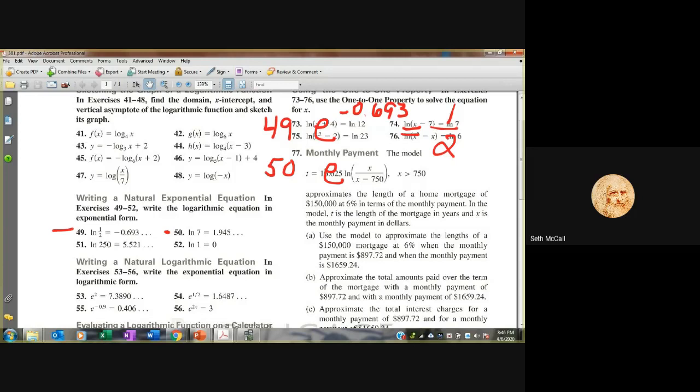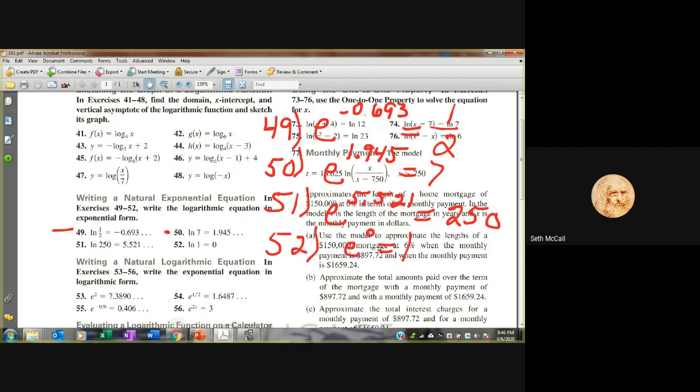So it's e to the 1.945 equals 7. 51 is e to the 5.521 equals 250. And 52 is e to 0 equals 1.